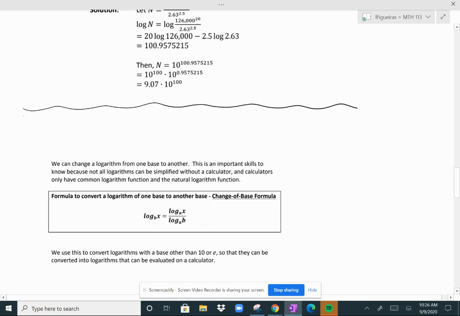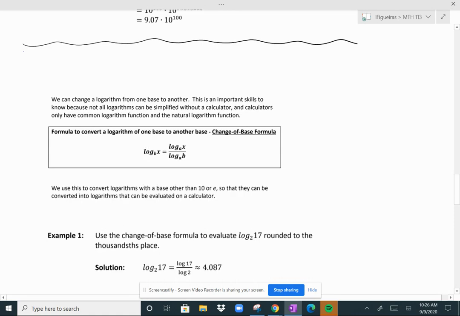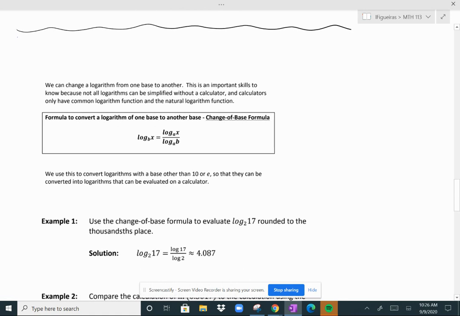All right, so how are we going to use this to help us evaluate expressions? We're going to use the change of base formula to evaluate log base 2 of 17, and we'll round to the thousandths place. As I said, there's no way to break down the 17 into a base of 2, so I really can't do this without using technology.